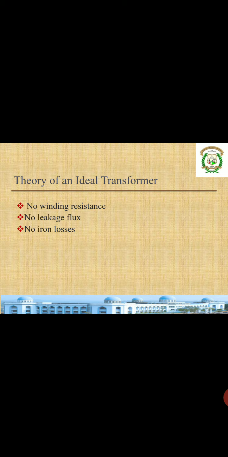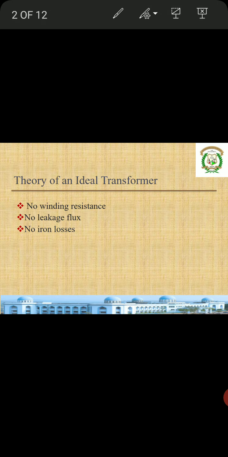First, it does not have any winding resistances, meaning the conductors used in this ideal transformer do not have any winding resistances, and it does not have any leakage fluxes, hence there are no leakage reactances, and it does not have any iron losses, meaning it's a lossless transformer. Whatever input you give, the same output you are going to get, but in practice, which is not available, but it is very important to analyze our practical transformers with the help of this concept.